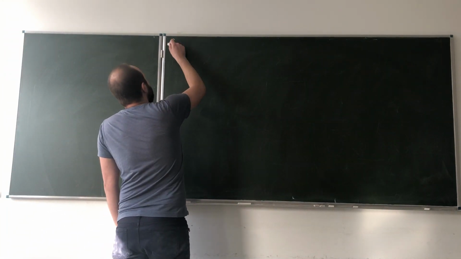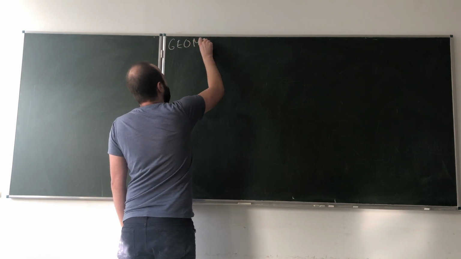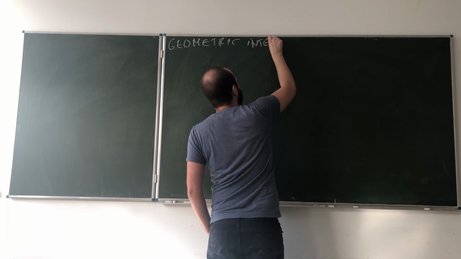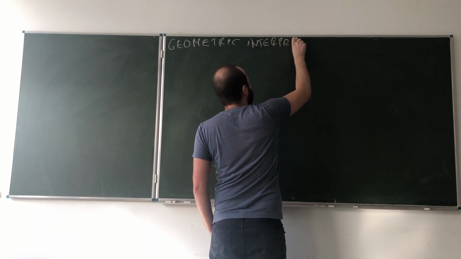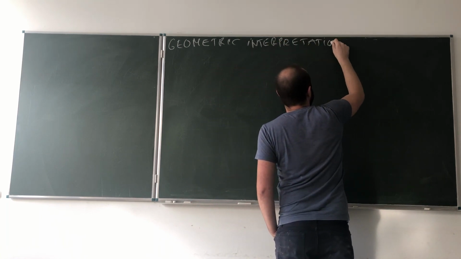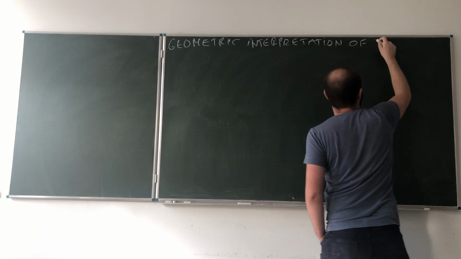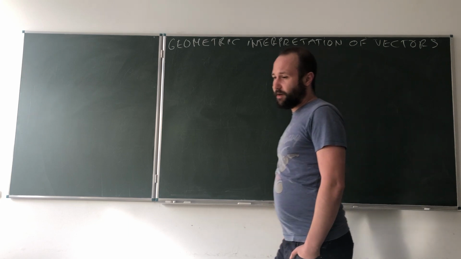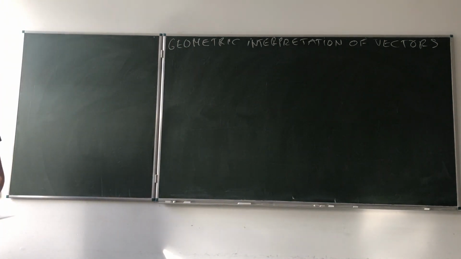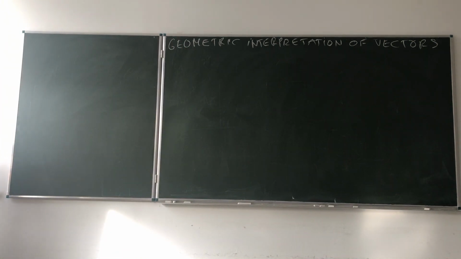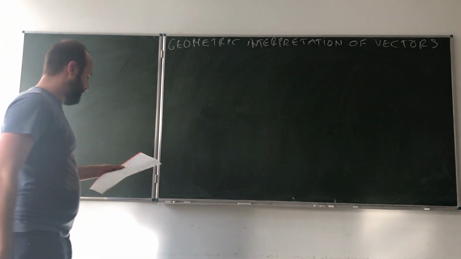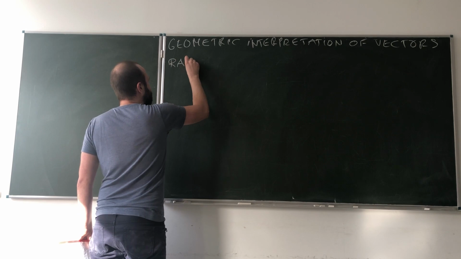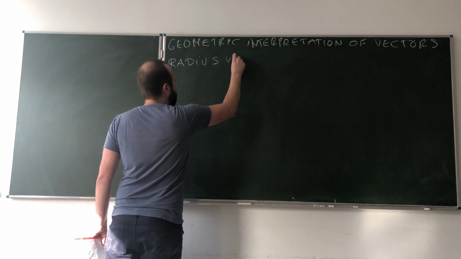Okay, so let's move to the geometric interpretation of vectors. Okay, and let me first define for you something called a radius vector.